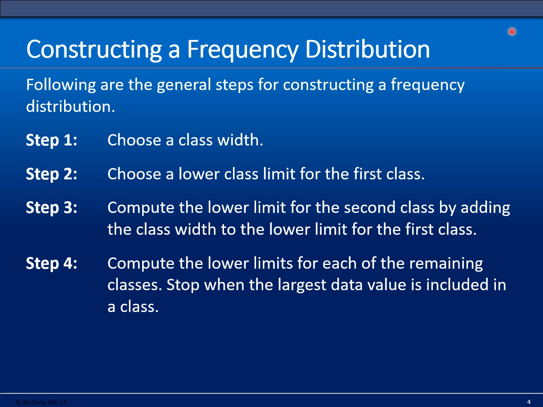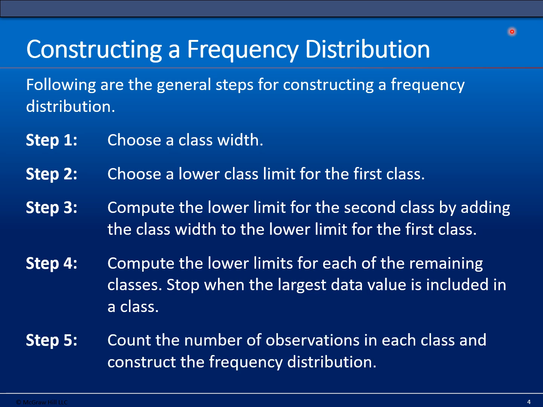And then of course we stop when the largest data value is included in a class. Once we have all of our tables set up with our class ranges, the range of answers that we're looking for, we just count them. How many are between 0 and 4? How many are between 5 and 9, etc.? And then we fill in the table.